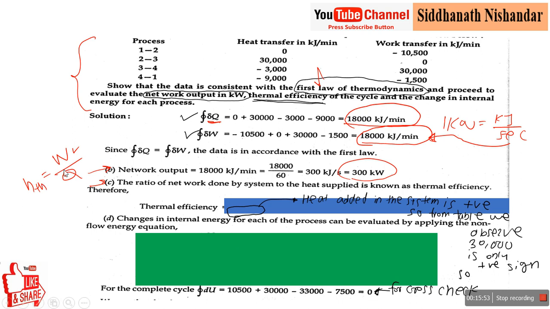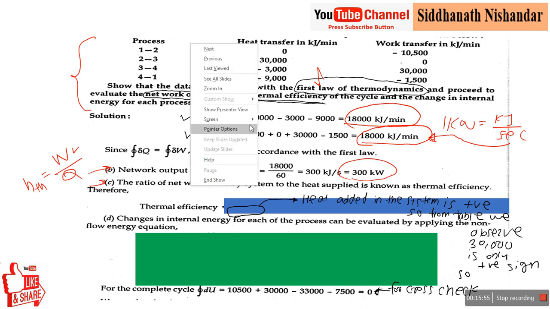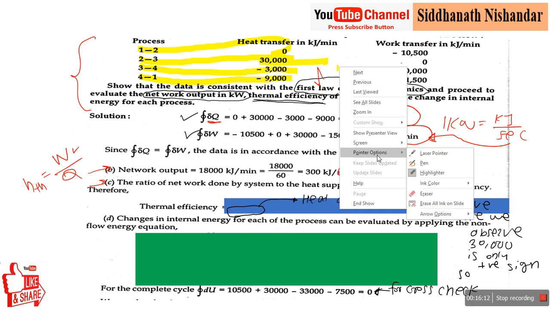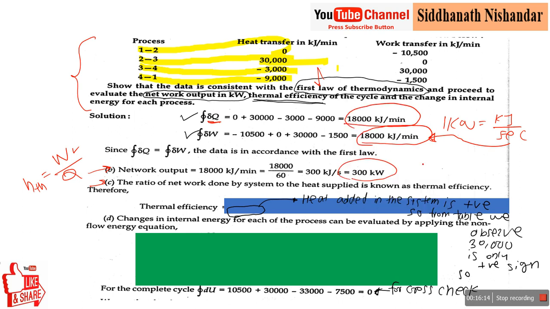Again, highlighting all the values of Q so we can get the idea. For process 1 to 2, Q is 0. For process 2 to 3 it is 30,000. For 3 to 4 it is minus 3,000, and for 4 to 1 it is minus 9,000. From these four values we have to find the heat added. It's very simple: heat added to the system is positive.